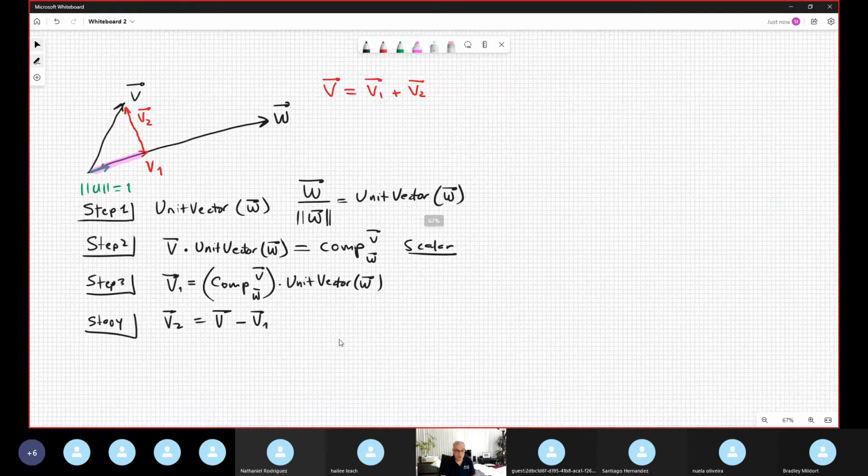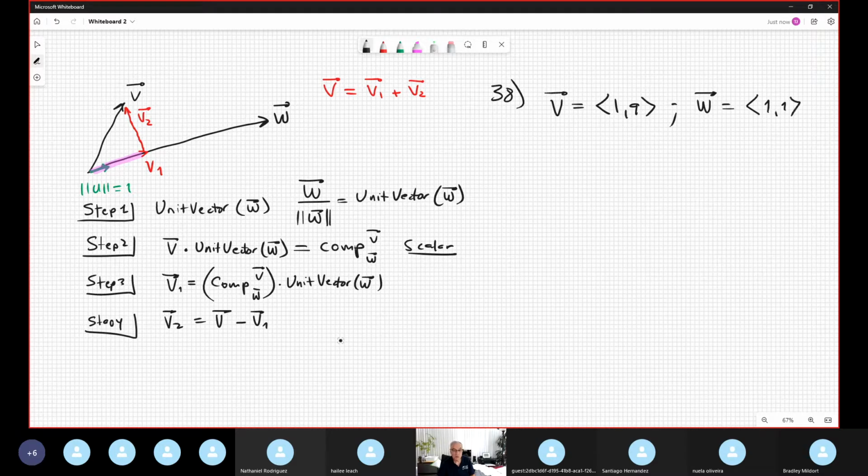Example 38. The vector B is given: 1, 9. The vector W is given: 1, 1. According to these steps, we compute the unit vector. But to find the unit vector, we first need the magnitude of the vector W, because the square root of 1 squared plus 1 squared is radical 2.